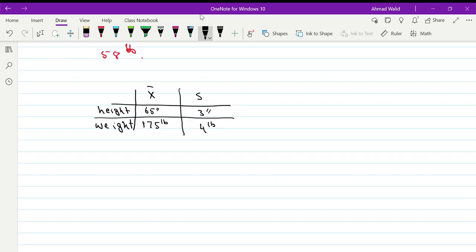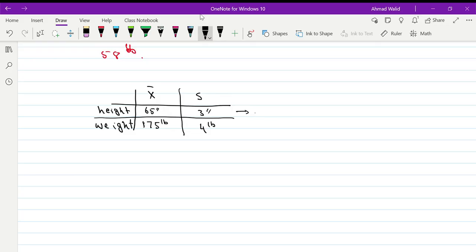We can't find out if the height, with a standard deviation of 3 inches, has more variation than the weight, or the weight has more variation than the height, because here you are talking about inches, here you are talking about pounds. How can you compare them to see where you have more variation?